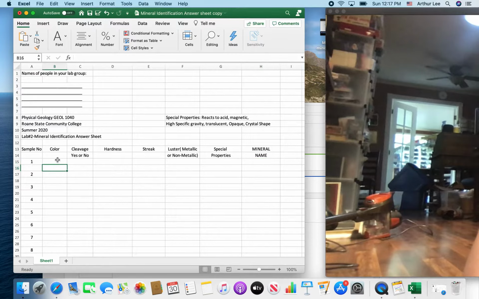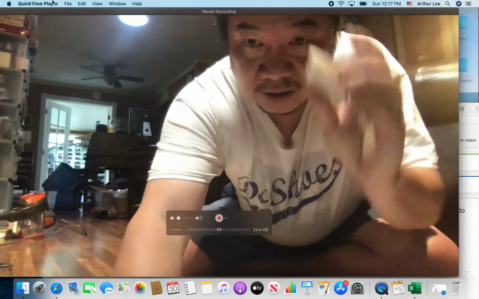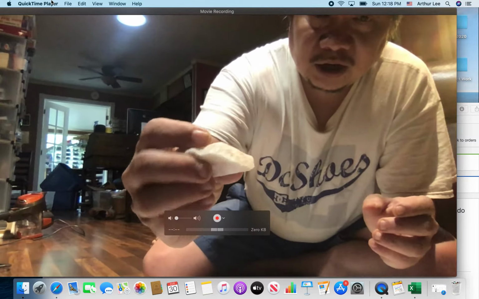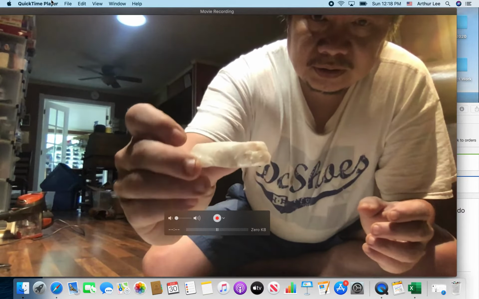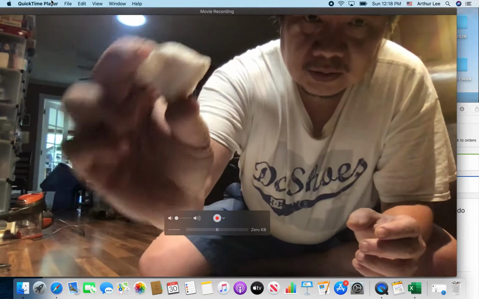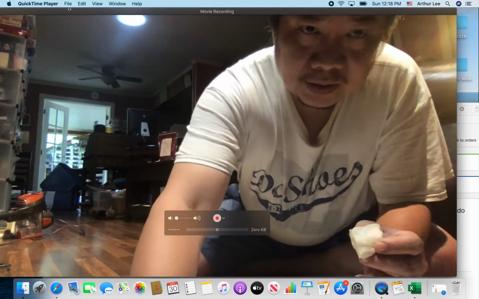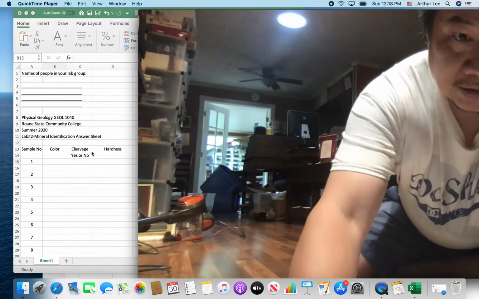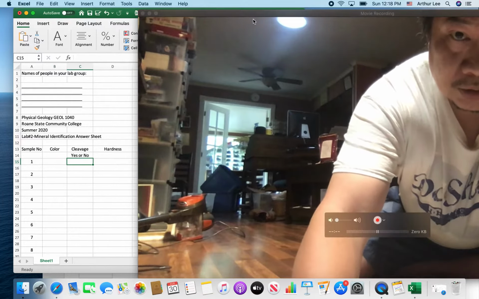Sample number 1. What color is this mineral? Write down the color. Does it have cleavage? Yes or no?